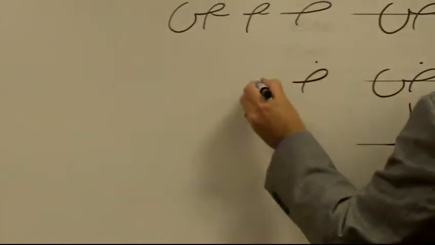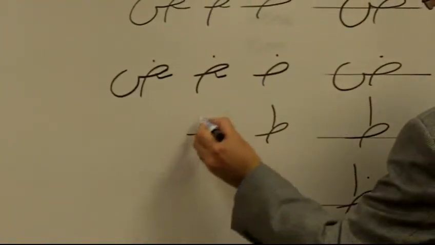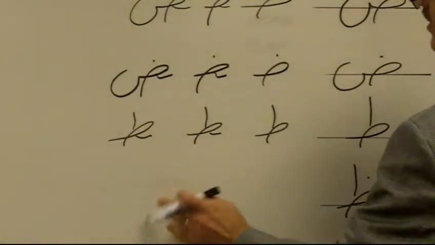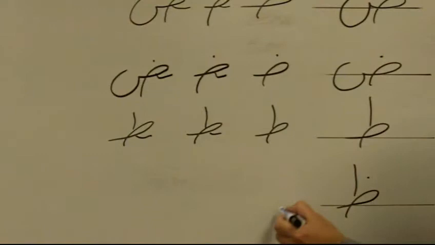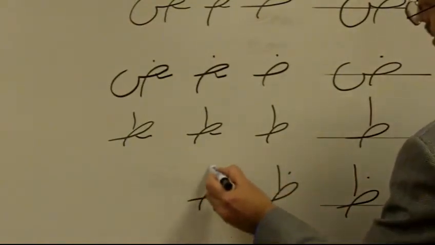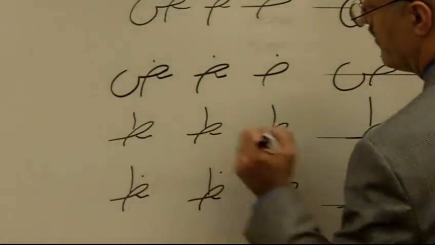Same thing here, da in the middle, and this is the da at the end. The ta in the beginning, in the middle of the word, and the end of the word. This is the dha in the beginning, in the middle, and at the end of the word.